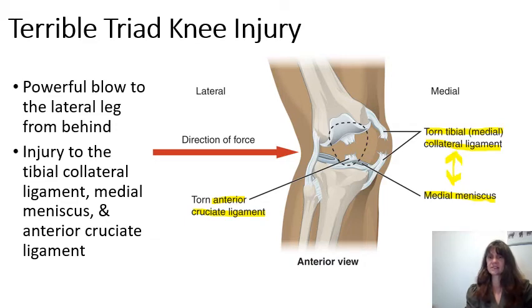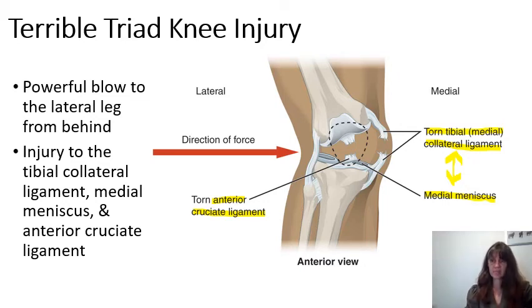The medial meniscus and medial collateral ligament are attached to one another. This injury is known as a terrible triad knee injury. 3 structures are involved: the anterior cruciate ligament, medial collateral ligament, and medial meniscus.